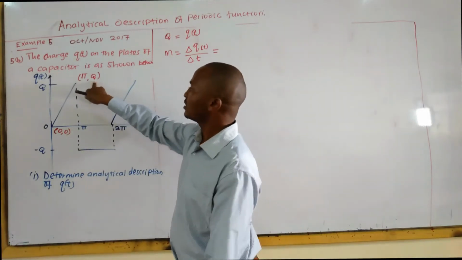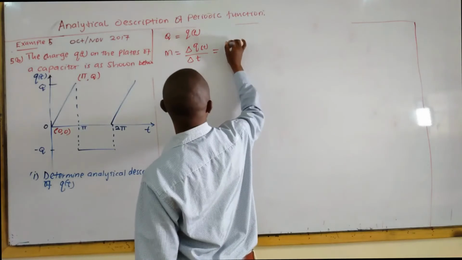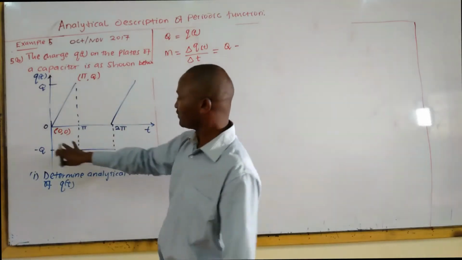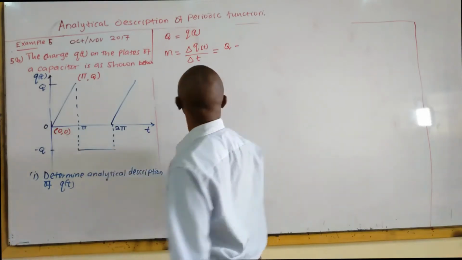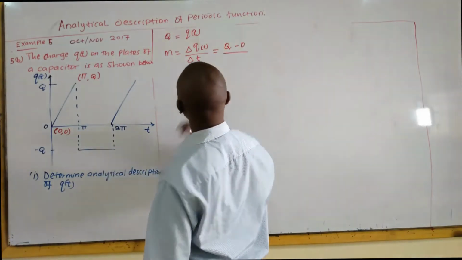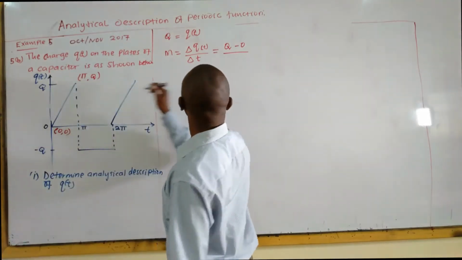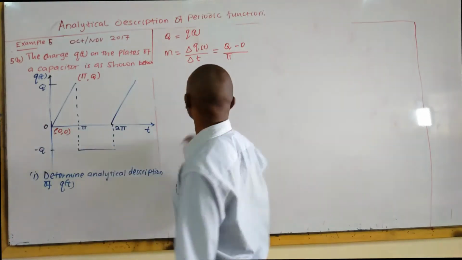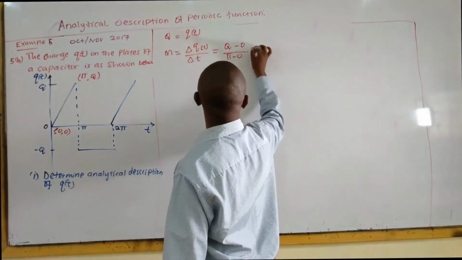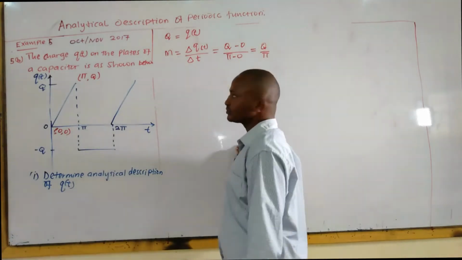Here the value of the Q axis is capital Q, here the value of the Q axis is 0, all over. Here the value of t is pi, here the value of t is 0. So this one will be equal to Q all over pi.